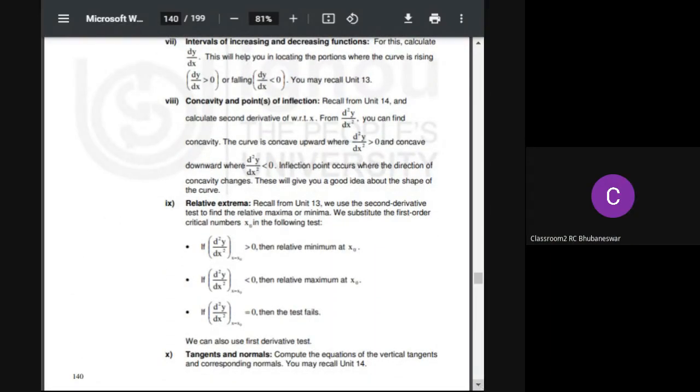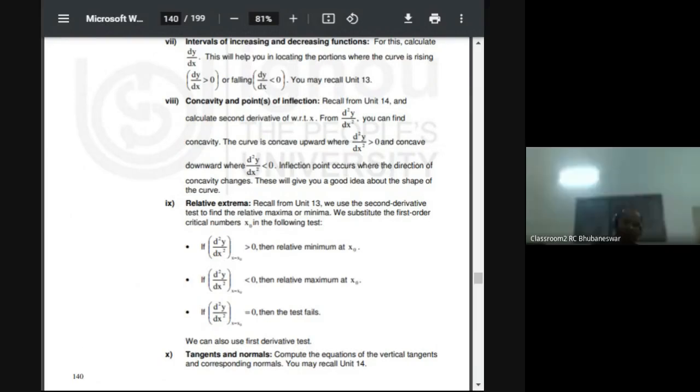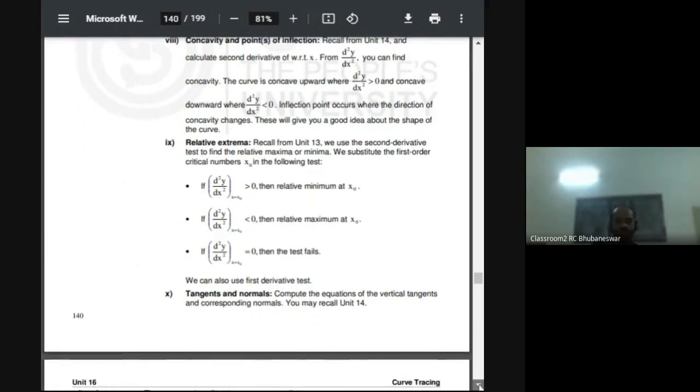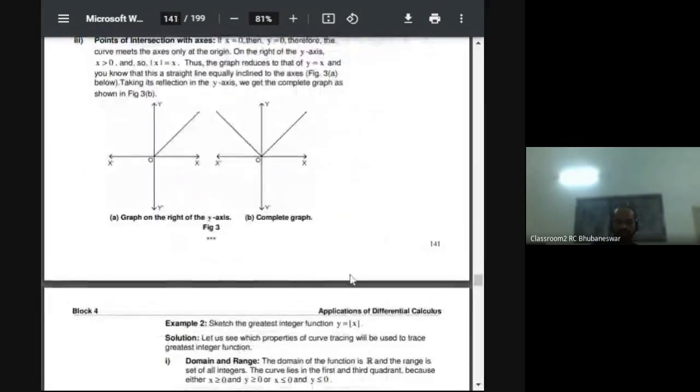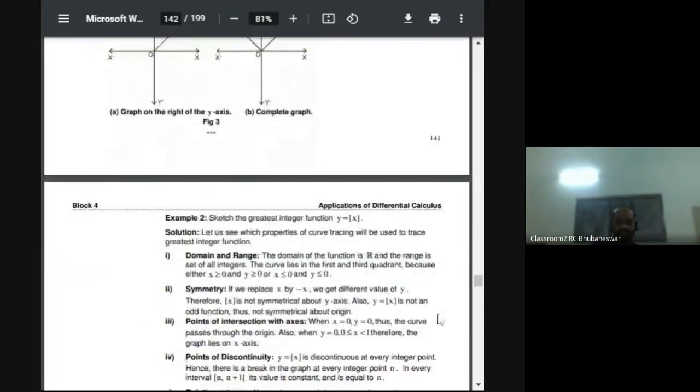Now the quantitative points. Then also you have to ensure whether the function attains a maximum value or minimum value, or does not attain any relative maximum or minimum value at certain points of the interval.